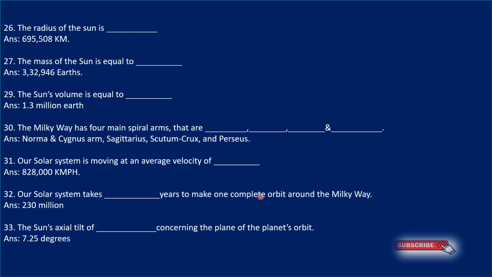To complete one orbit, it takes 230 million years. The Sun's axial tilt with respect to the plane of the planets' orbit is 7.25 degrees. All these points are very, very important. So keep in your mind, our solar system takes 230 million years to make one complete orbit around the Milky Way.